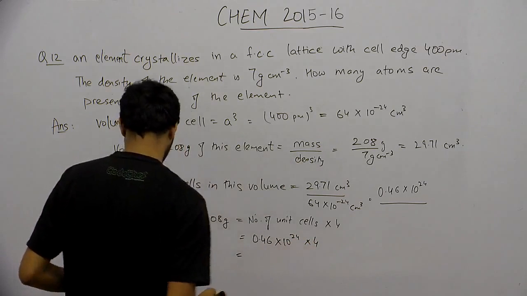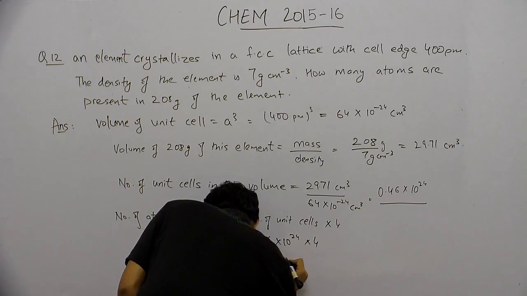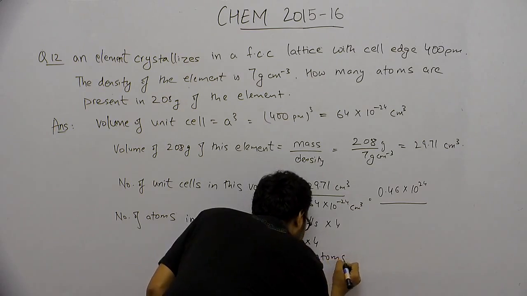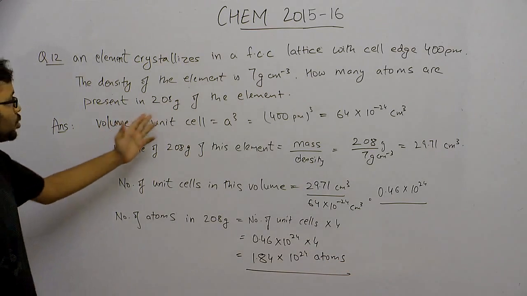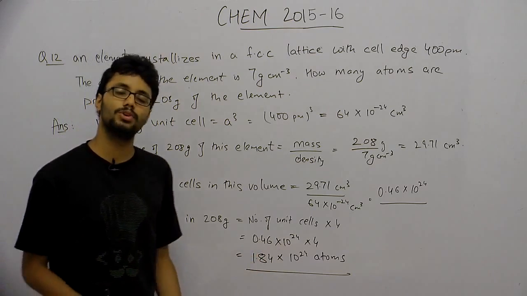So that comes out to be 1.84 into 10 raised to the power 24 atoms. So in 208 gram of this element, we have 1.84 into 10 raised to the power 24 atoms.